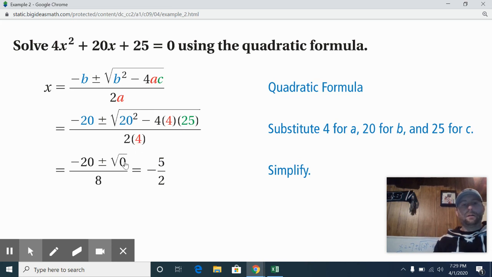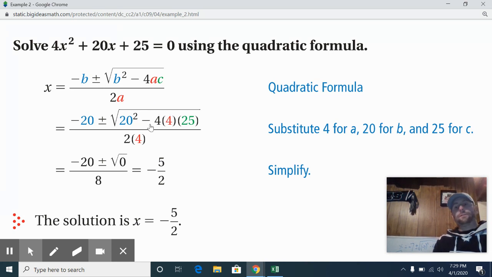All right. So when you take the square root of 0, there's only one square root of 0. Negative 20 plus or minus 0 won't change. Okay. So negative 20 divided by 8 would give us a solution of negative 5/2 or negative 2.5.